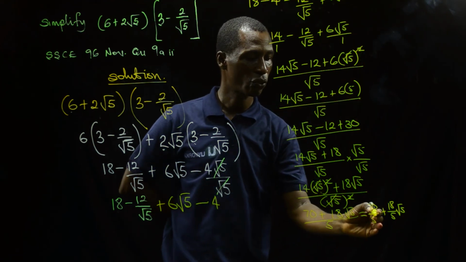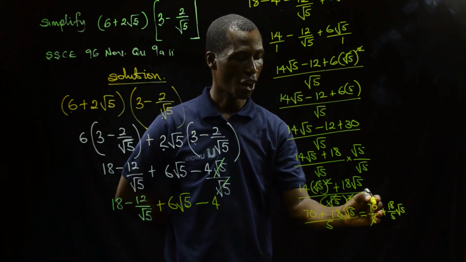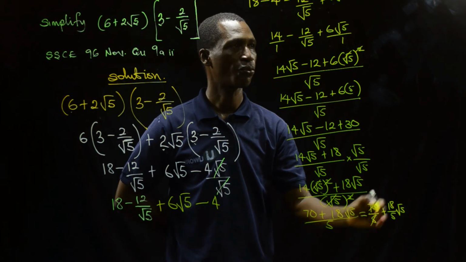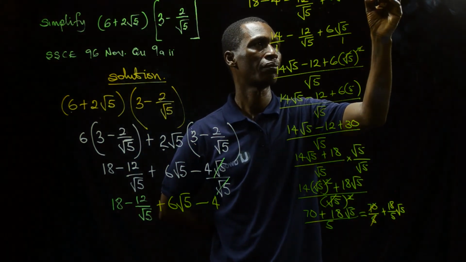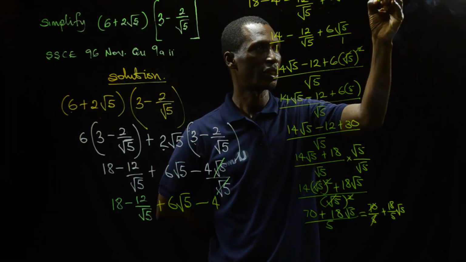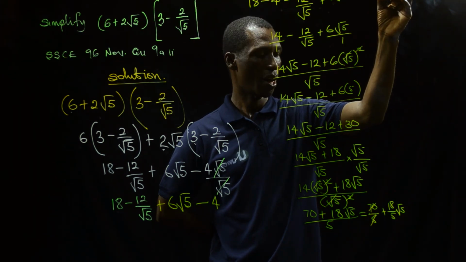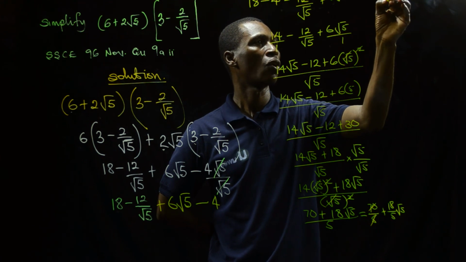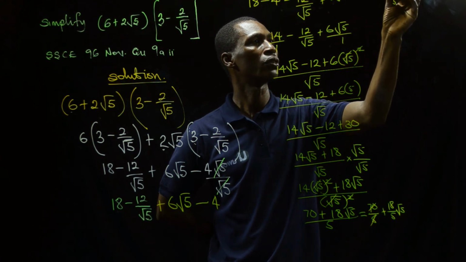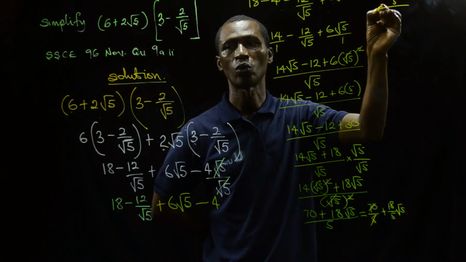So 5 goes into 70, 14. So I have 14 plus 18 root 5 over 5. So this one becomes the solution to the question.